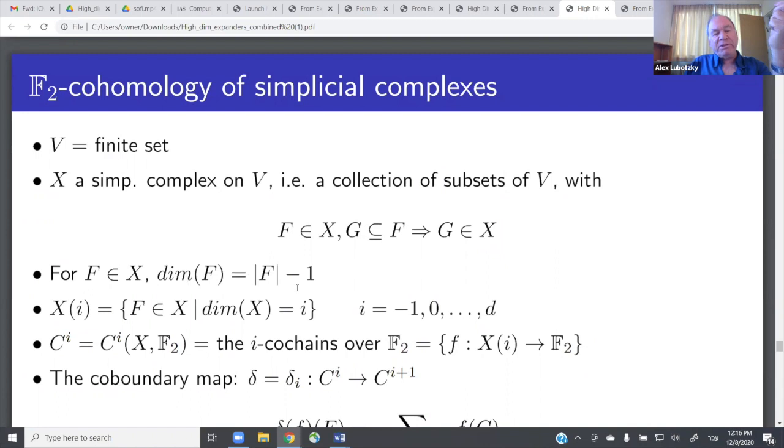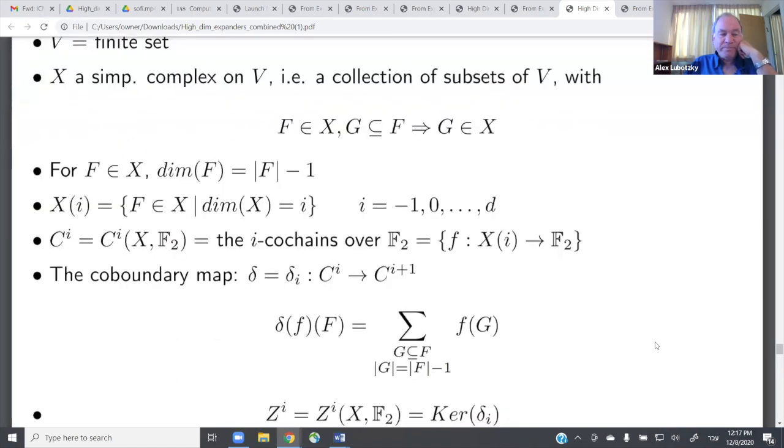If you have 3 points, this is a triangle, dimension 2. Now please follow the notation. X_i is the family of all faces in the collection of dimension i. And i actually goes from -1 up to d, because the empty set is also part of it, since the collection is closed under inclusion, and the dimension of the empty set is -1.